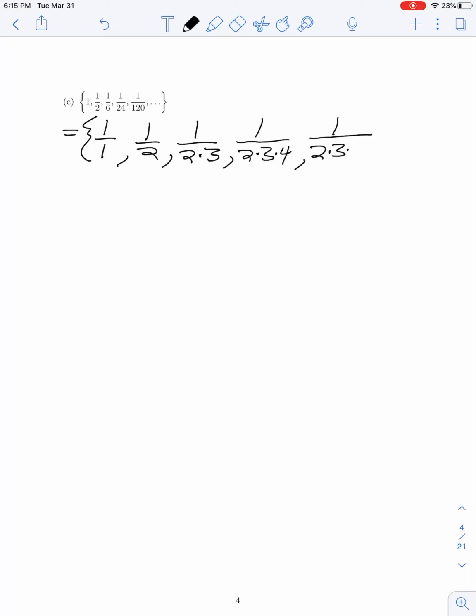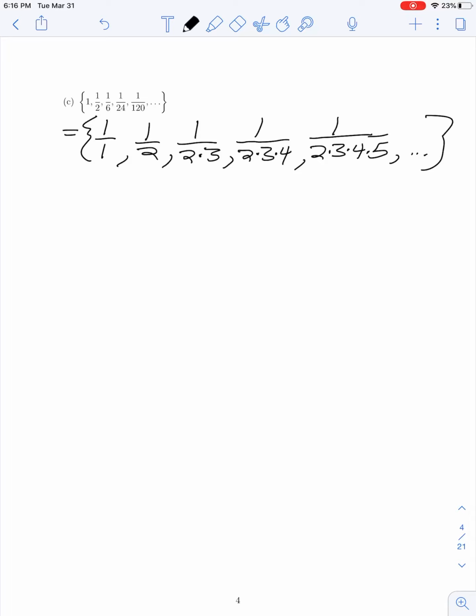And then for my fifth term, we had 1 over 120. Now, 120 can be factored as the product of 2 times 3 times 4 times 5, and so on.